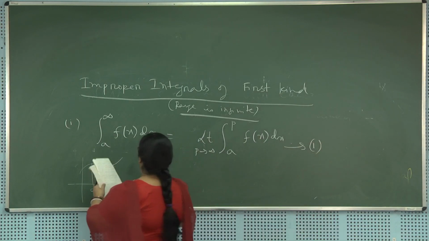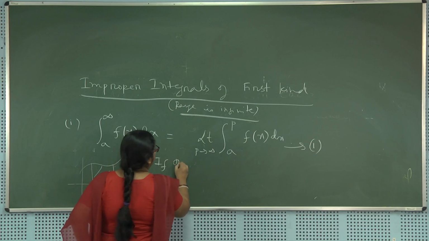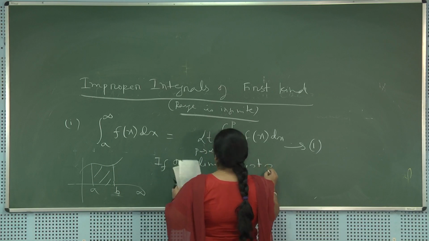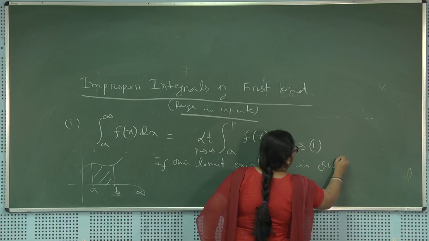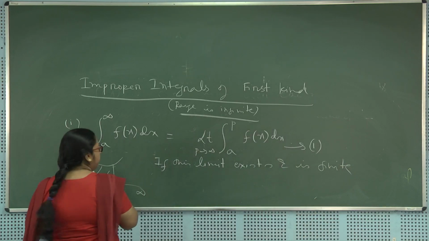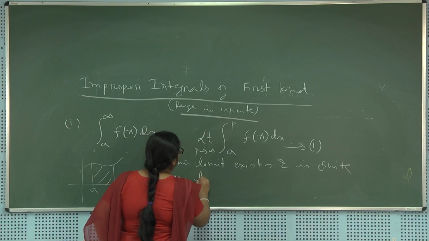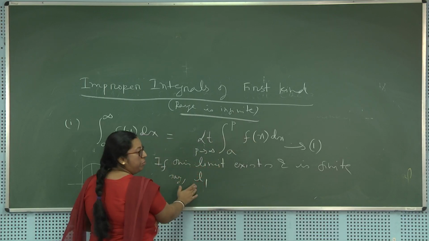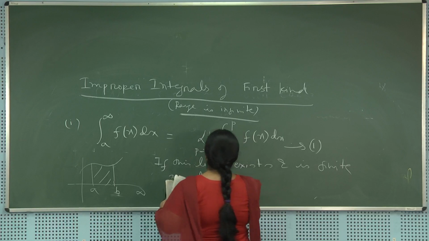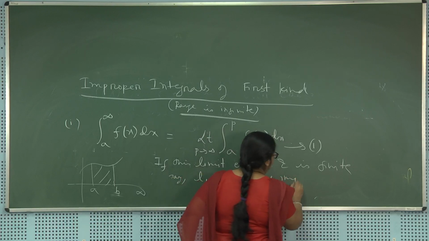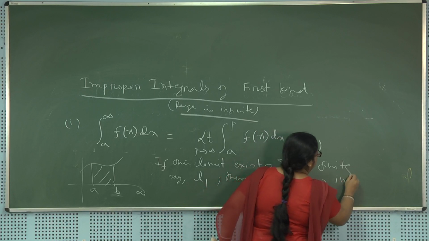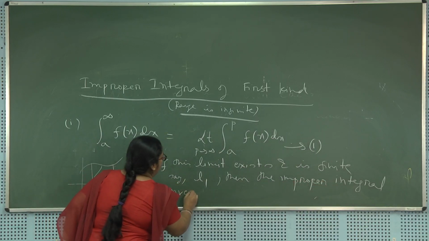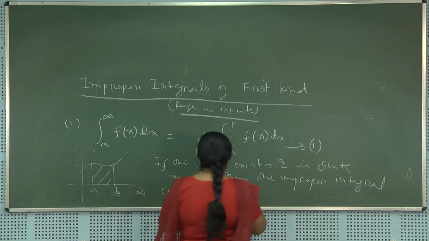So, if this limit exists and is finite, say it is equal to a number L1, then we say that this improper integral converges, and it converges to the value L1.